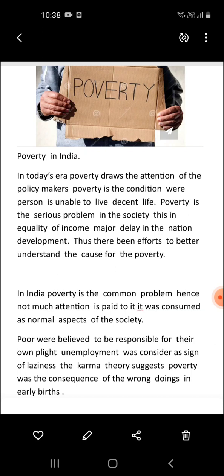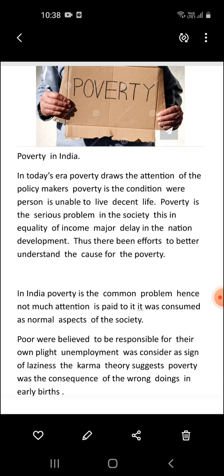Whenever they plan to make a policy, they will always keep their prime focus on these two topics: one is poverty and the other is development, meaning how we can reduce poverty and how we can develop India. Then what is the meaning of poverty?